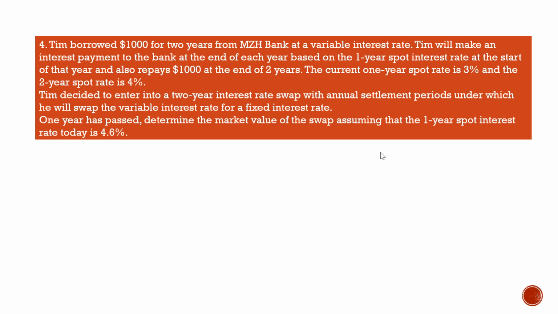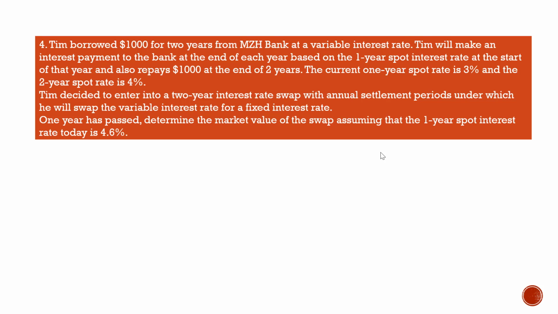The current 1 year spot rate is 3%, the 2 year spot rate is 4%. Tim decided to enter into a 2 year interest rate swap with annual settlement periods under which he will swap the variable interest rate for a fixed interest rate. 1 year has passed. Determine the market value of swap, assuming that the 1 year spot interest rate today is 4.6%.